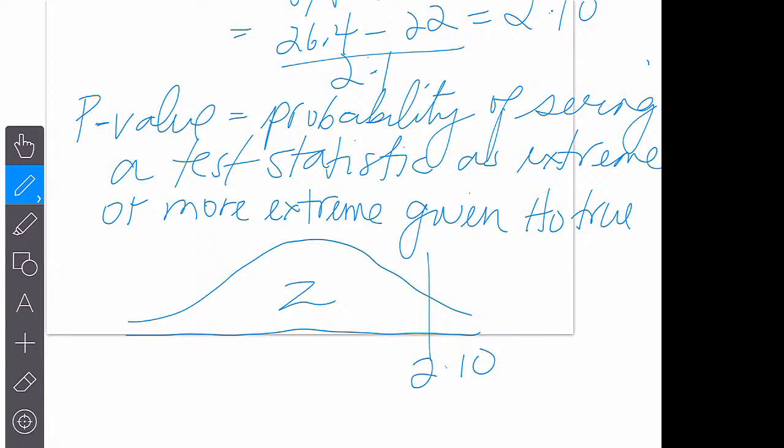Because I use HA. HA had a greater than sign, so I'm going to test the extremity of the right hand tail. So basically I'm checking to see if it's higher. What's the chance of being higher than 2.1 standard deviations away? That's really far away. What's the chance of being that high?